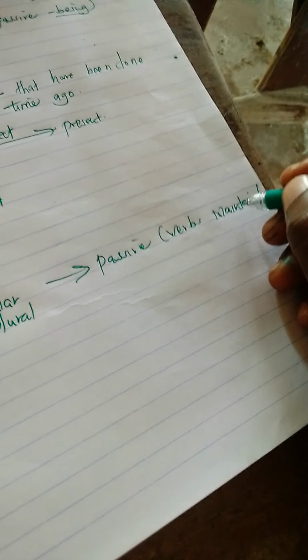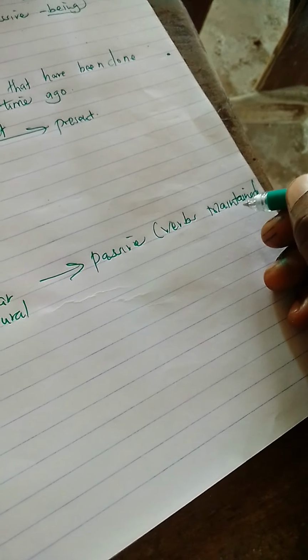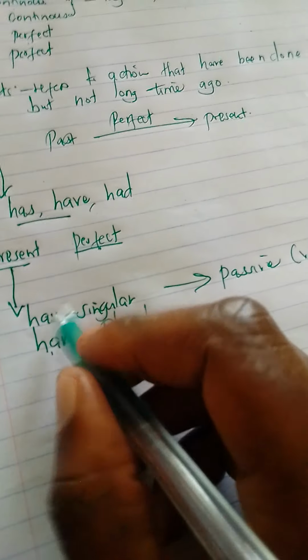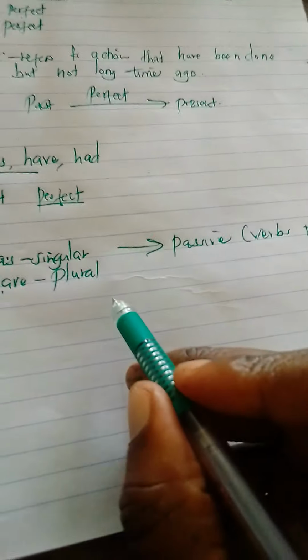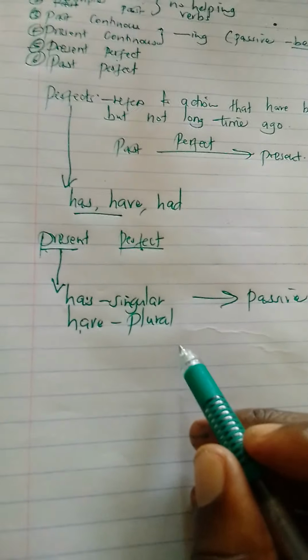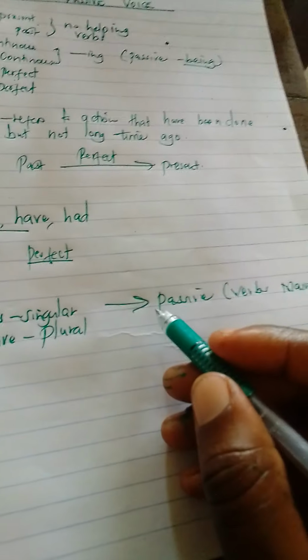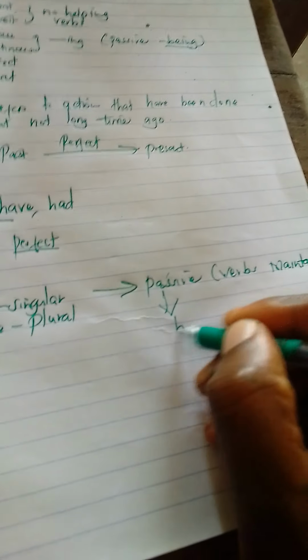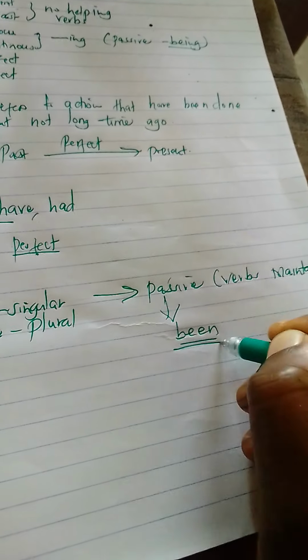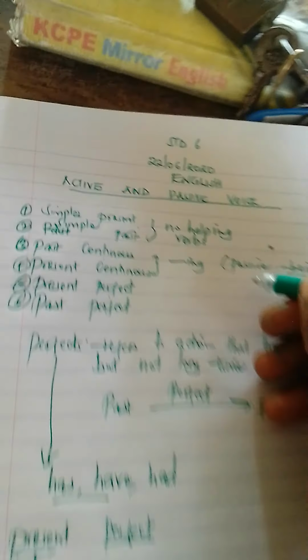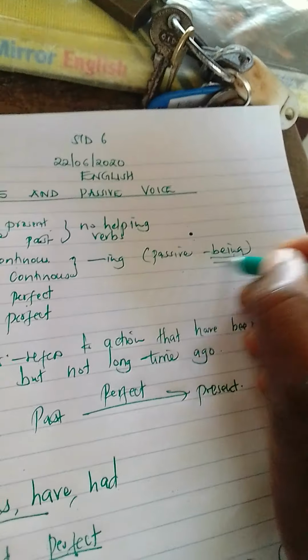Their passives now have these verbs maintained in them. The only special thing you need to know is that for the present perfect, when you are changing to passive, the word being must be included, just like when you are changing the INGs.